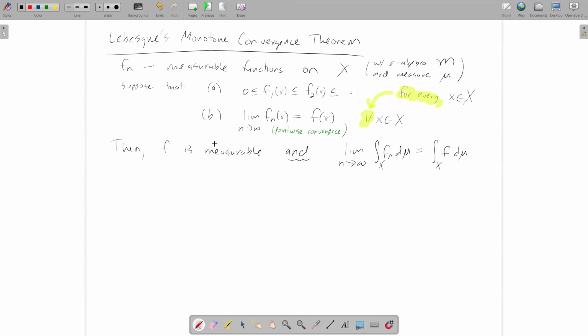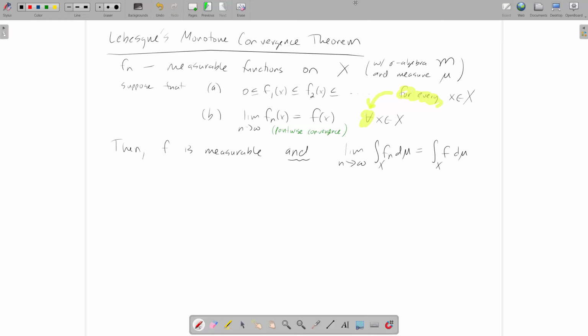So try to construct a sequence of functions that increases and converges pointwise to f, but where the Riemann integral does not converge to the Riemann integral of the limit. I think you can come up with examples for that. That's an interesting problem to think about.